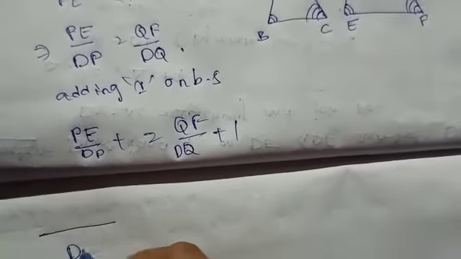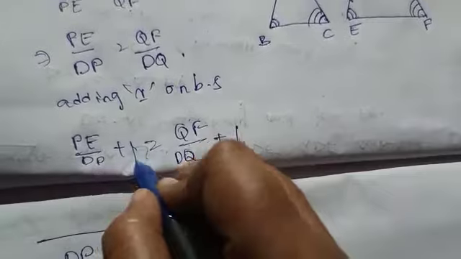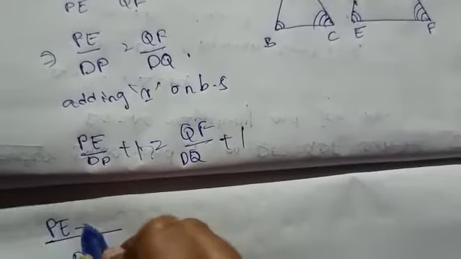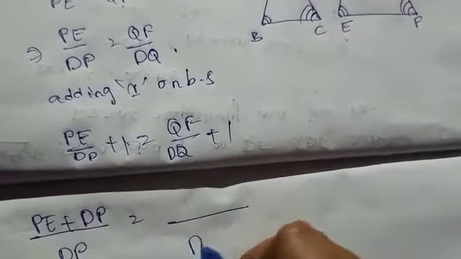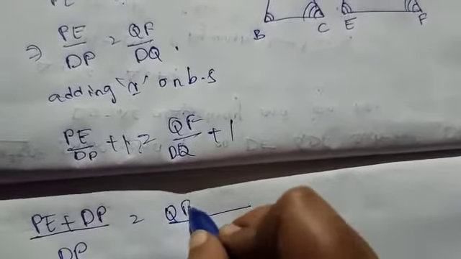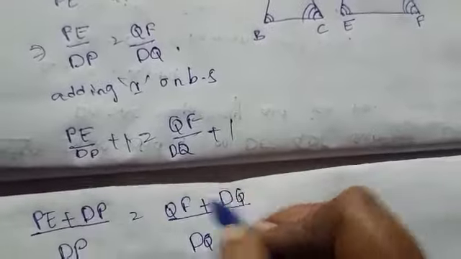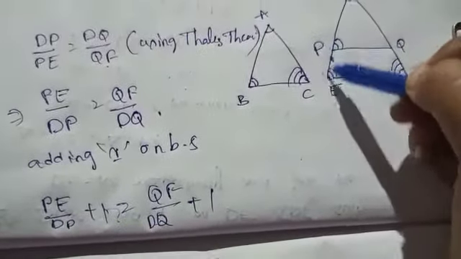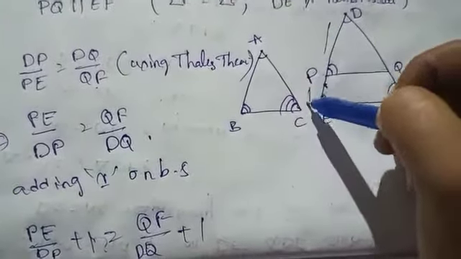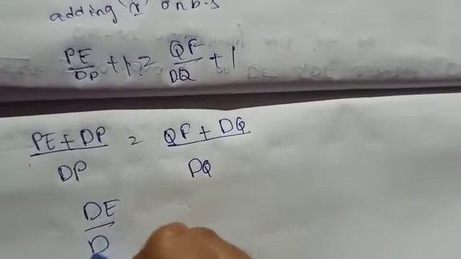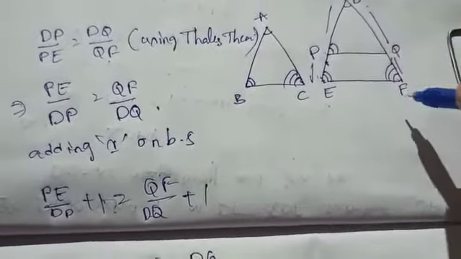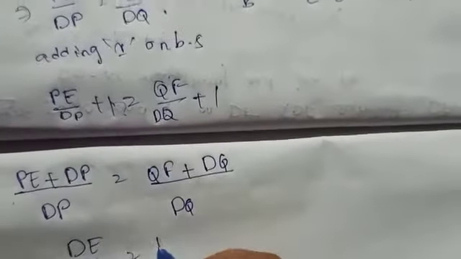The LCM is DP on the left: PE plus DP, and on the right the LCM is DQ: QF plus DQ. PE plus DP is equal to DE, so DE by DP. QF plus DQ is equal to DF.